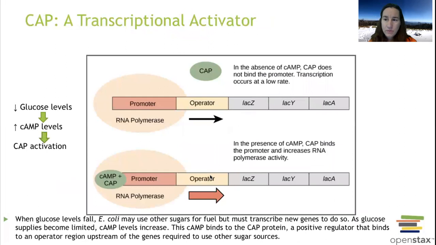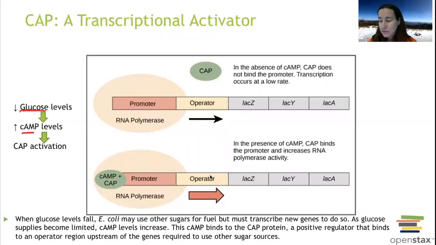What about the opposite? What if we wanted to turn something on? Bacteria, prokaryotes, are able to utilize different types of sugars. So can we. If one thing gets low, say glucose levels get low within the cell, there's another substance that starts to accumulate. So when glucose levels drop, our catabolic cyclic AMP is going to start accumulating.